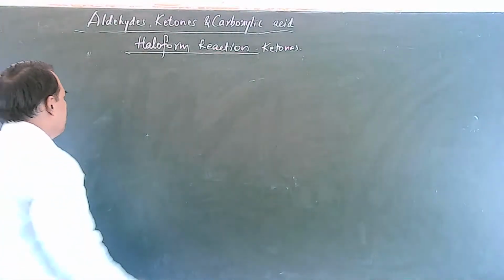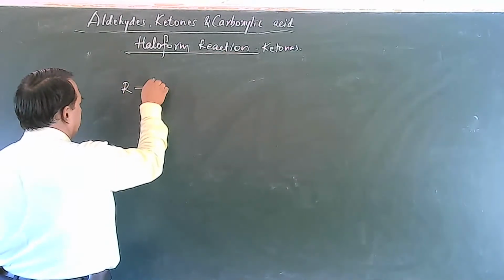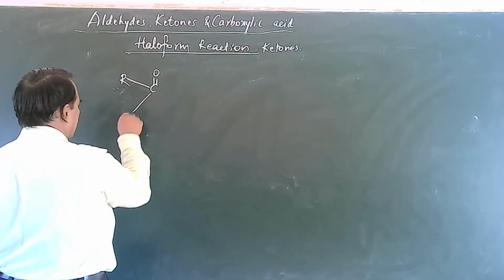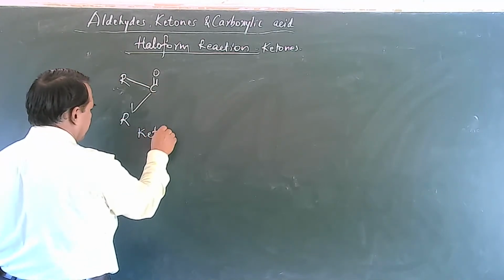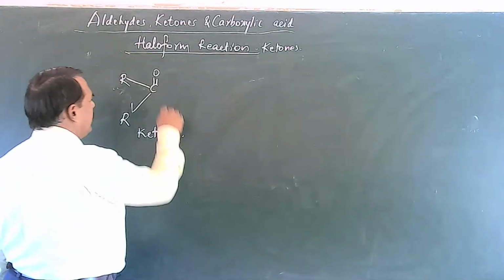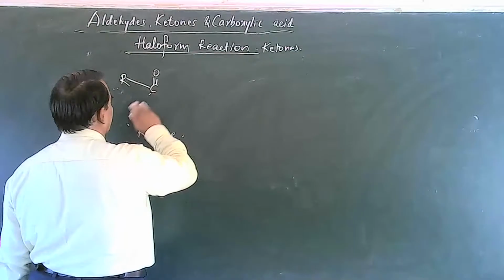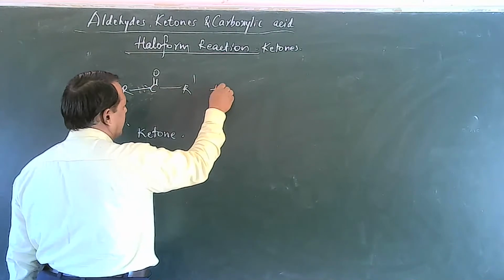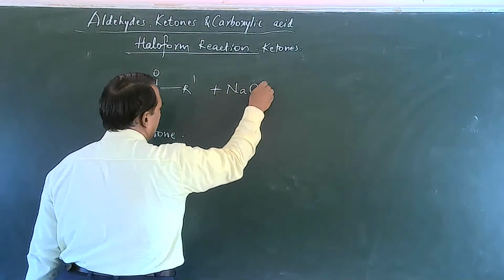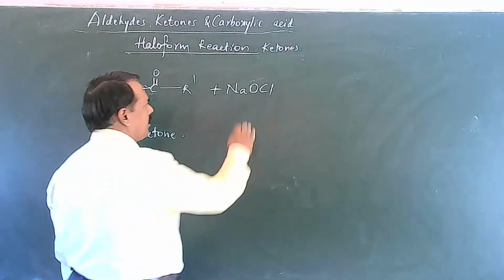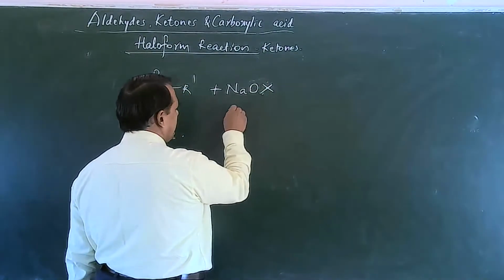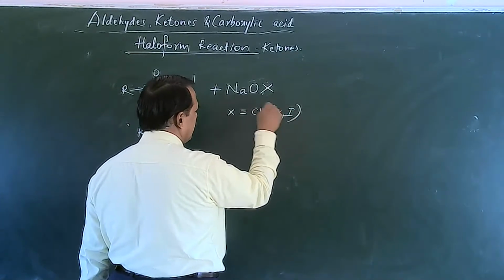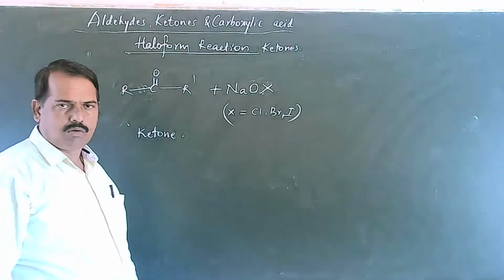Say when R C double bond O R dash, which is a ketone, reacts with sodium hypochlorite, particularly NaOX, where X is chlorine, bromine, iodine, are you clear?